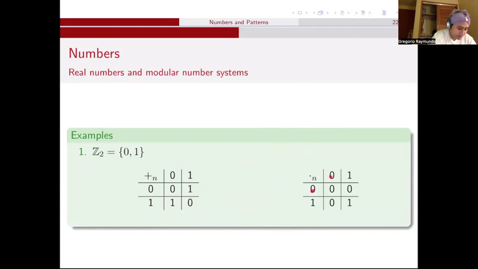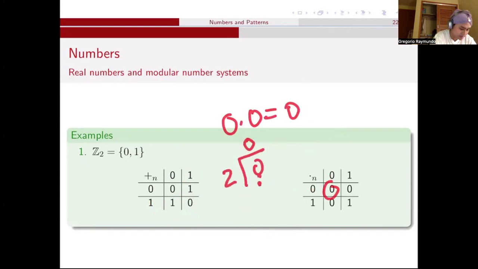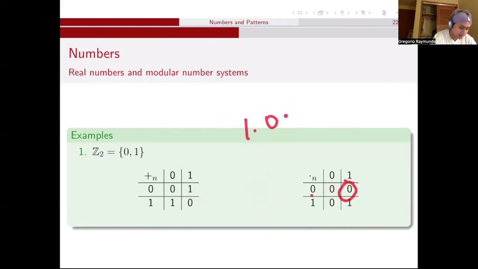0 times 0, 0. 0 divided by 2, ganun ulit, 0. Remainder 0. 1 times 0, 0, so 0 divided by 2 is 0, remainder 0. 0 times 1, 0.